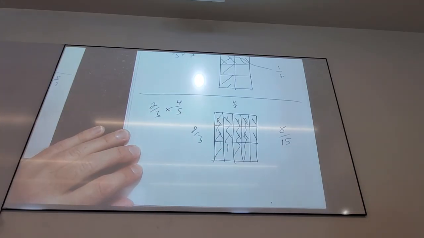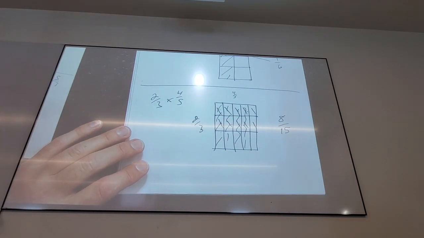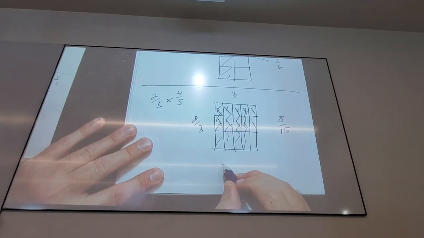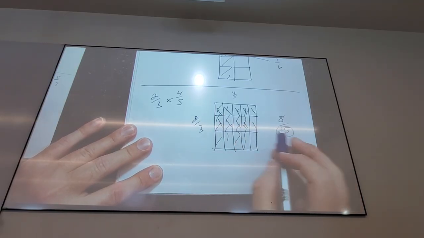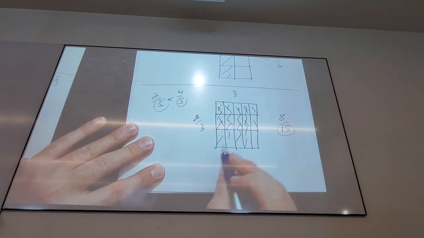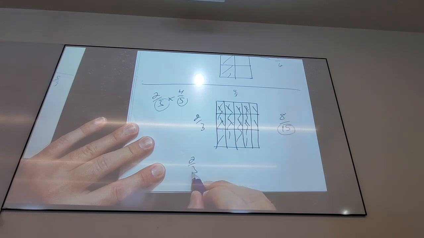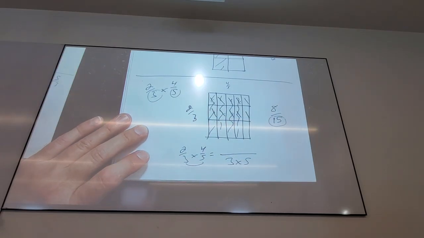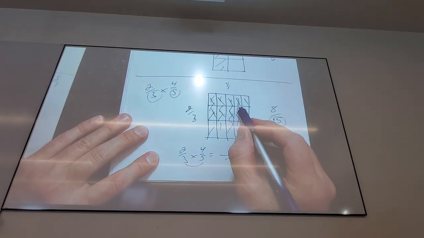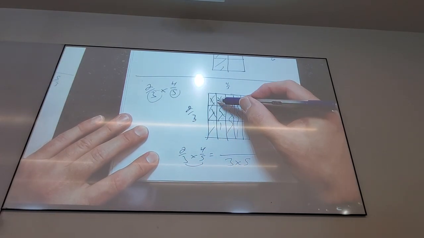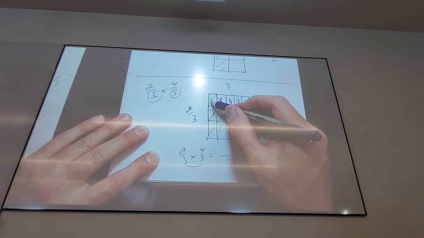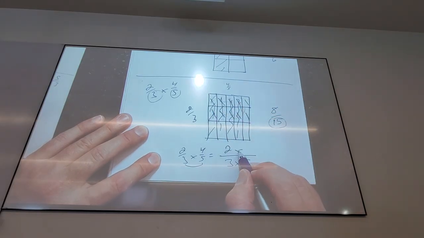In fact, right here, I know that I'm going to have 15 pieces. Cutting 3, cutting 5, I'm going to end up with 15 pieces. So it makes sense that the bottom is 3 times 5. And then I ended up with 8 shaded because I shaded 4 this way, and 2 this way, and that's 2 times 4.